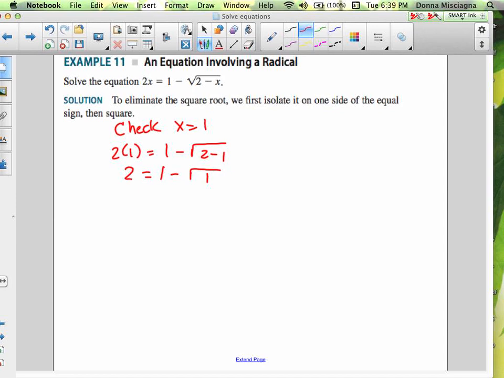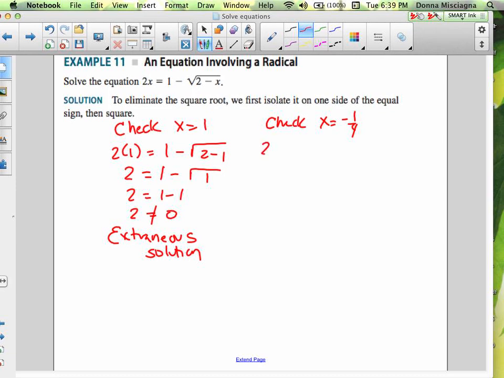And the square root of 1 is 1, so we have 2 equals 1 minus 1, 2 equals 0. And 2 doesn't equal 0. This one is an extraneous solution. Right, it was an answer we got from solving, but when we checked it out, we found out it was no good. No bueno.